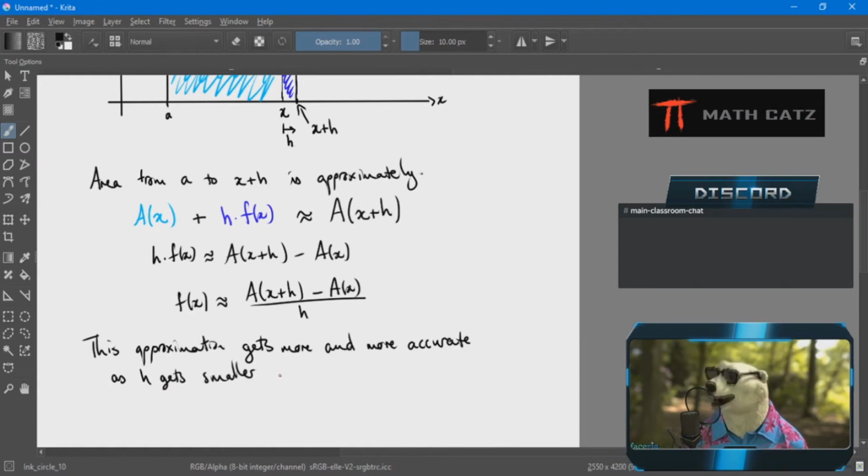And in fact, we're doing a very casual approach to this. It's not mathematically formal and precise, but in truth, what you get is that as you look at the behavior of this, A of x plus h minus A of x over h, as h gets closer and closer to 0, it stabilizes to the function value.